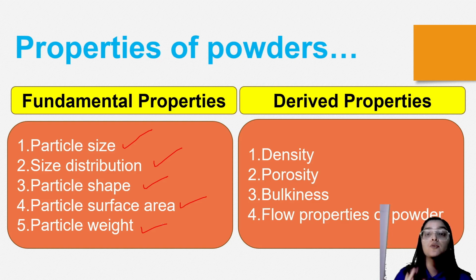All these belong to the individual particle: its size, shape, the volume that it occupies, the weight that it carries, and how this helps you to create uniformity and a formulation with good parameters. So these are all important parameters. Then come the derived properties, which include the density, the porosity, the bulkiness, and the flow properties of powder, which are derived from the fundamental properties. These are all based upon the particles with the properties that are already available as fundamental properties.